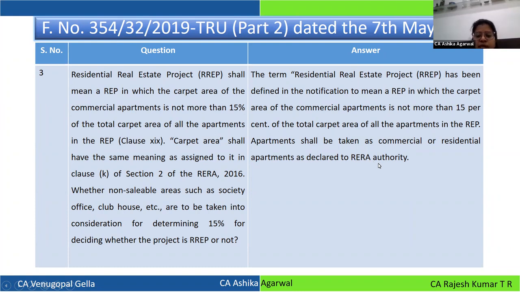So it's very important what registration you are taking, how you are declaring to RERA, because commercial is at a higher rate. It's 12% with ITC. When I say 12%, I'm saying the effective rate after 1/3 deduction. And residential is at a lower rate, non-affordable 5%. So how we declare before RERA and how we take registration under RERA will determine how the same will be considered under GST for the purpose of taxability and ITC availment.